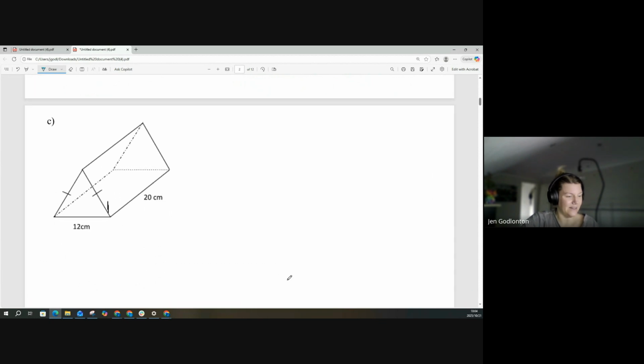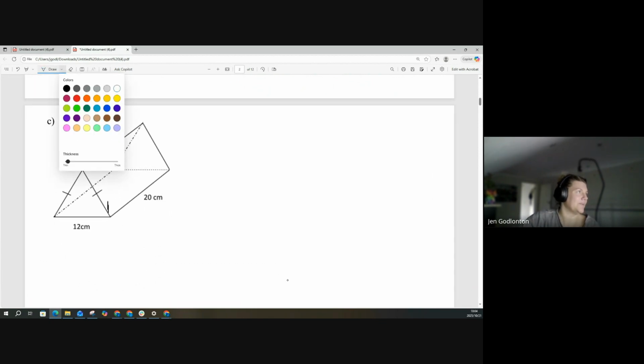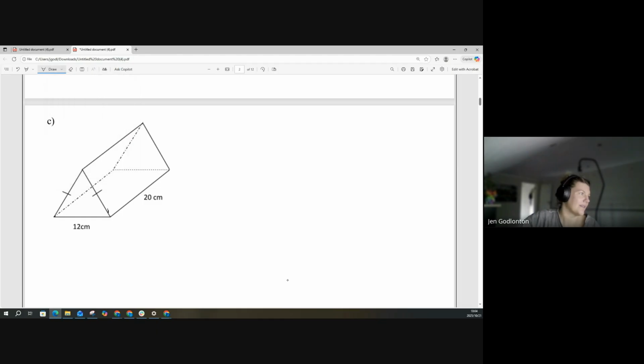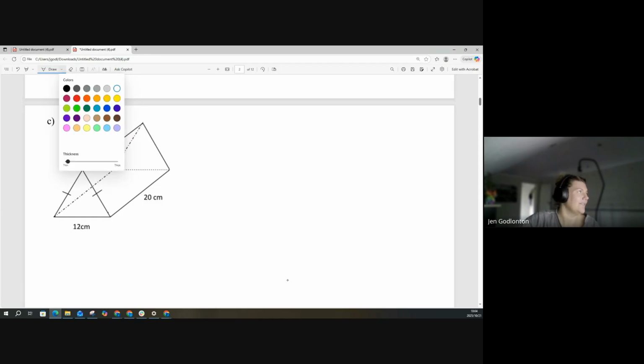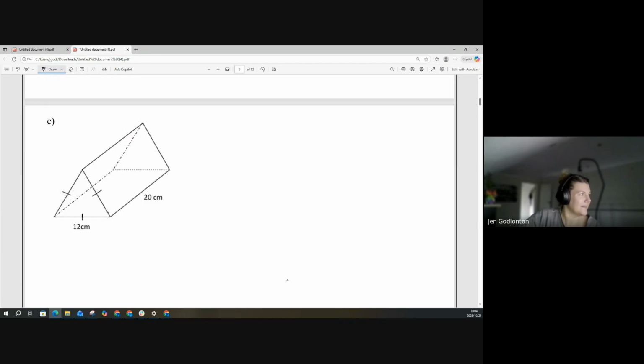Let's see. Oh, one of my lines has gone awry. Let's fix it up quickly. So what we have over here is an equilateral triangle. You can think of this as a triangular prism, not isosceles, equilateral. So all of them are equal to each other. No problem.